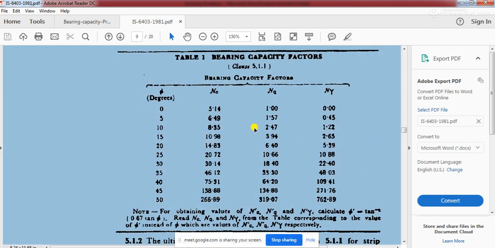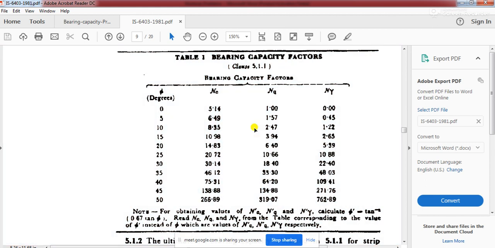You need not have another table; they are the same values you use for phi. Only thing, for local shear failure, you will have to change the value of phi to the mobilized shear strength parameter value before starting the problem. Okay.